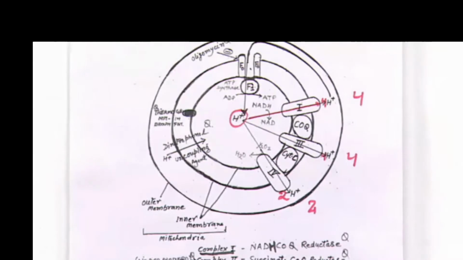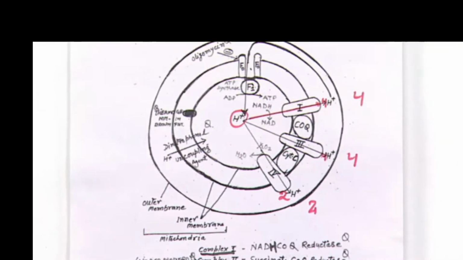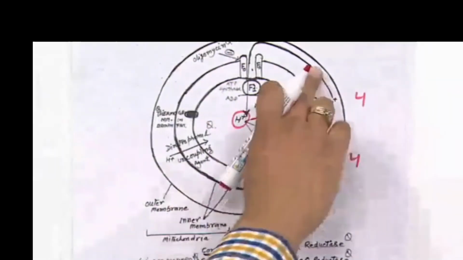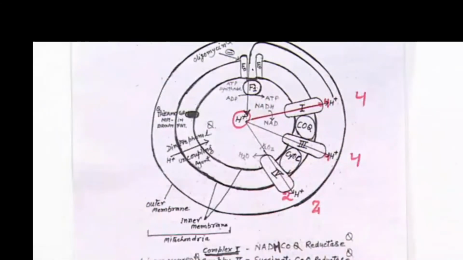So 10 H+ accumulate in the intermembranous space.